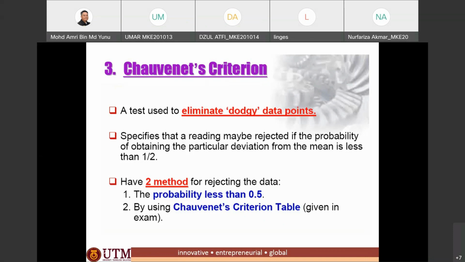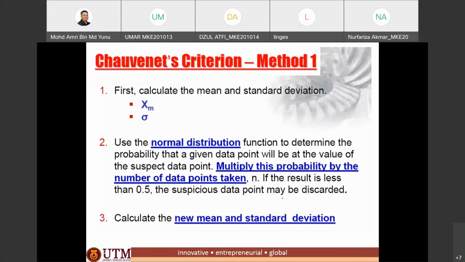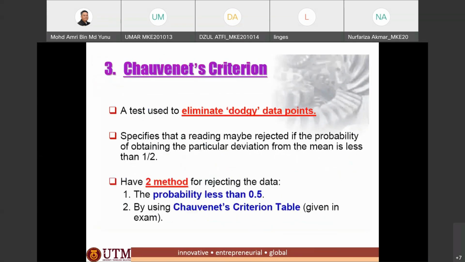So we need to find the dodgy data and then remove it. There are two methods to find it. First, by finding the probability less than 0.5, or by using Chauvenet's criterion. I will skip the probability method, but I will go to Chauvenet's criterion.